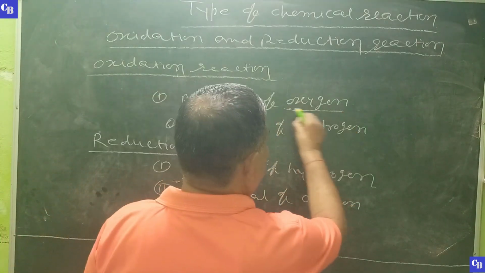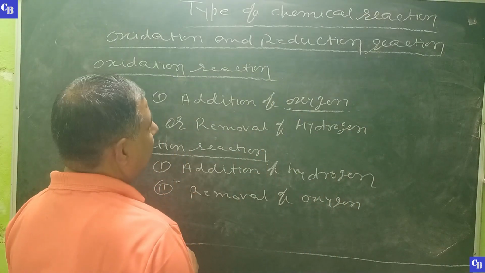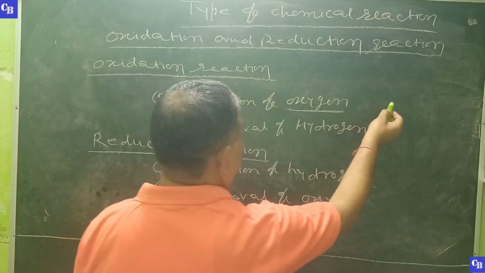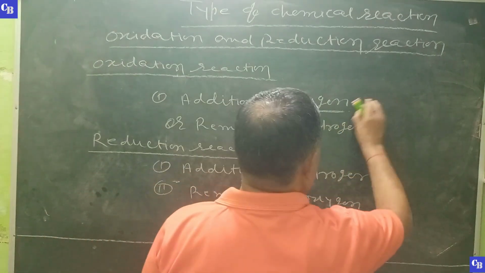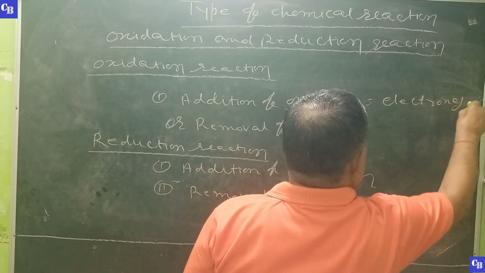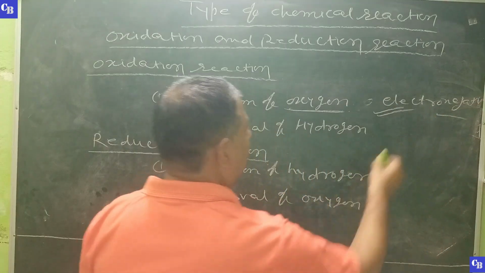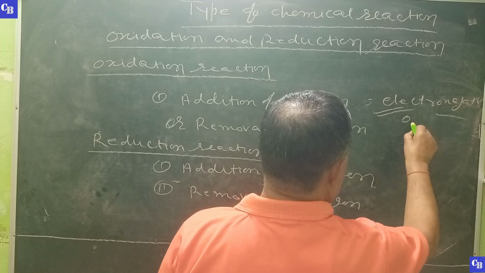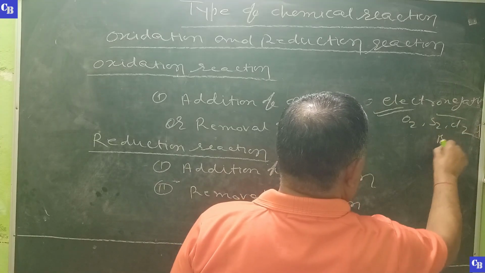Oxygen is an electronegative element. So the definition of oxidation and reduction is: addition of an electronegative element is called oxidation, such as oxygen, sulfur, chlorine, bromine.